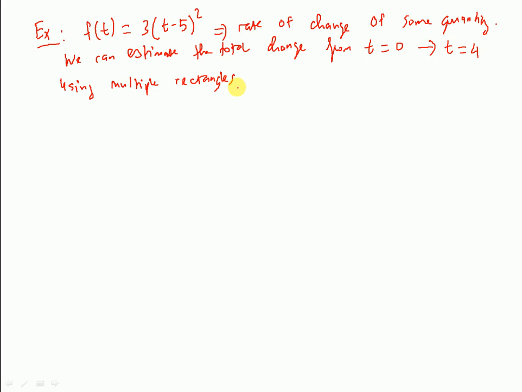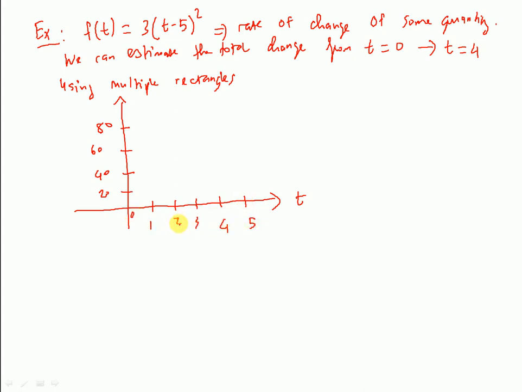Okay, so if you graph this on the xy plane, you should have something like this one. So here we have 80, 60, 40, 20, then we have 1, 2, 3, 4, 5 on the t axis.